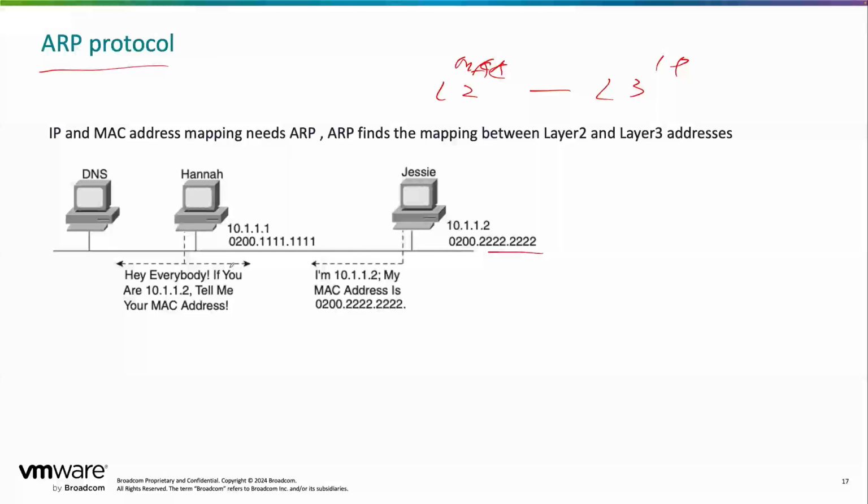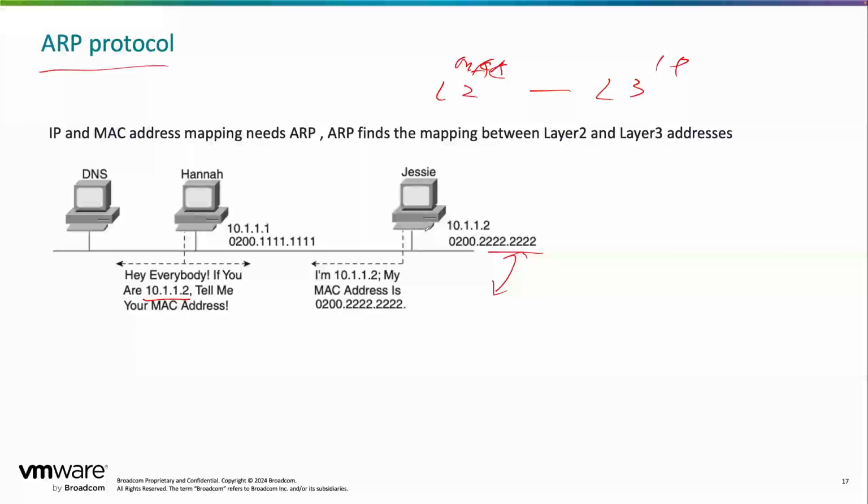But from the Ethernet communication point of view, HANA has to have the appropriate encapsulation for the Ethernet frame, so HANA has to know Jesse's MAC address. How does it do that? It shouts out, hey everybody, if you know this IP address, please tell me its corresponding MAC address.